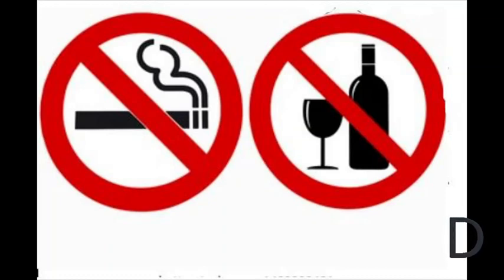Now, tobacco is a dry leaf. It is obtained from a nicotine-rich leaf of a plant which grows in many parts of the world.